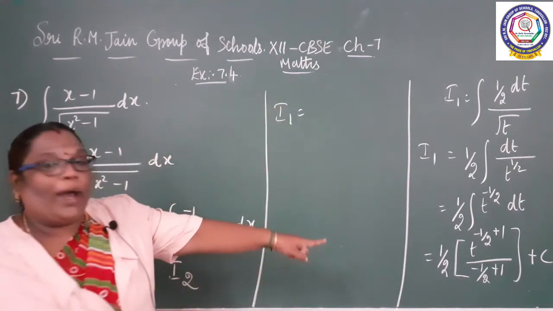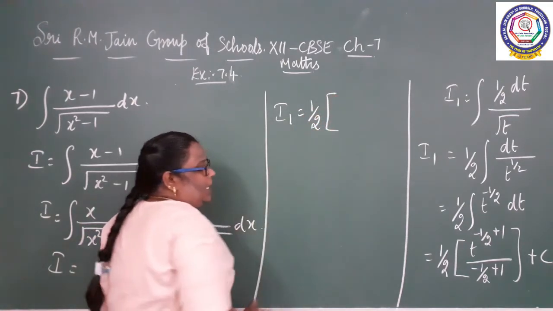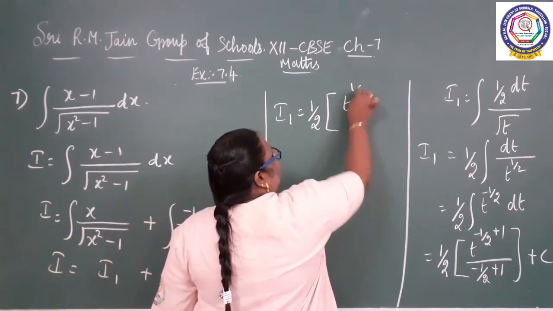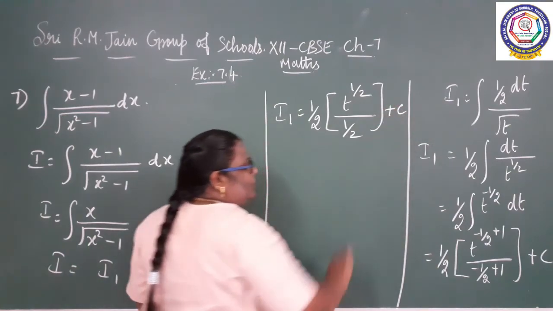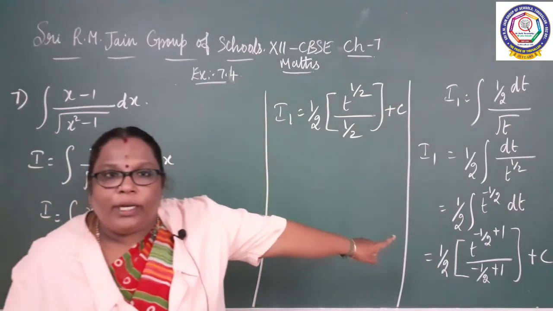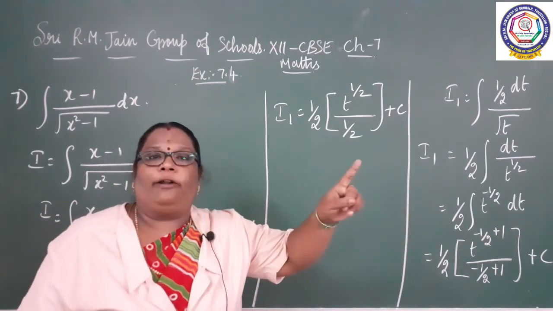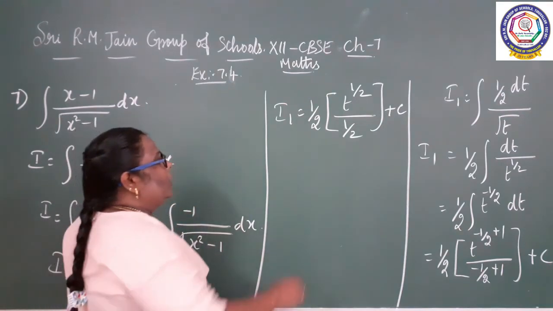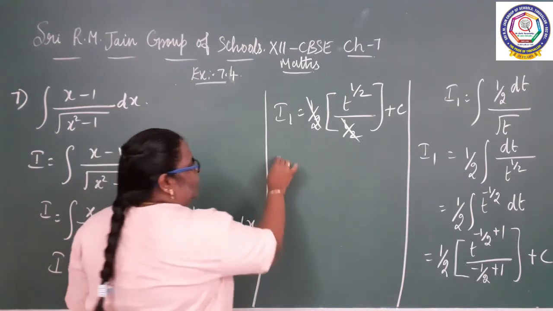I1 equals 1 by 2 into t power 1 by 2 by 1 by 2 plus c, because 2 is the LCM in the denominator, minus 1 plus 2 whole divided by 2 comes to 1 by 2. The 1 by 2 terms get cancelled. What is the final value?